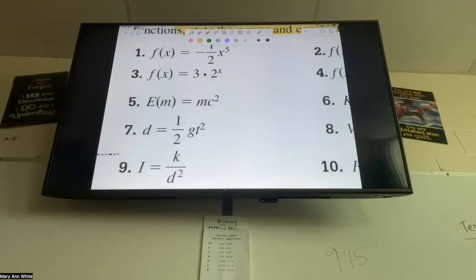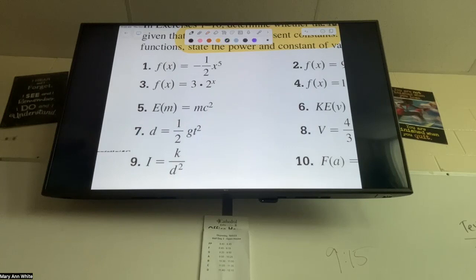Okay, so let's look at number one. We'll just kind of go on this column first. Number one, is that a power function, yes or no? Yes, I'm just gonna put a little check mark next to it. What is the power? 5. It's got a fraction, but the x has to be in the bottom to be inverse. My power is 5, and then the constant of variation, what's the constant? -1/2.